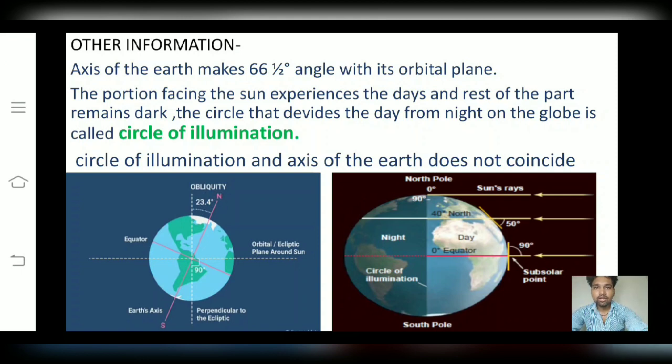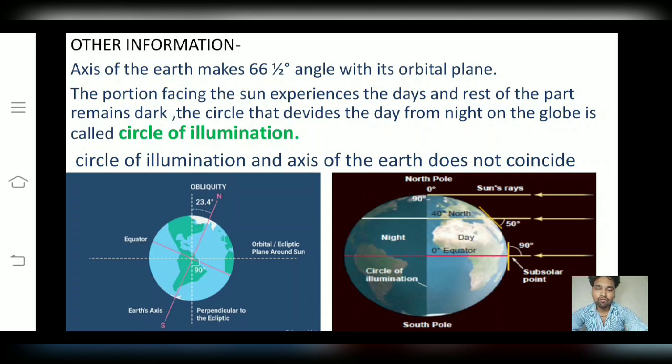So the line which divides the bright part and the dark part is basically defined as circle of illumination. Here we have to know that circle of illumination and the axis do not coincide with each other. Circle of illumination and the axis of the earth may make some angle also.